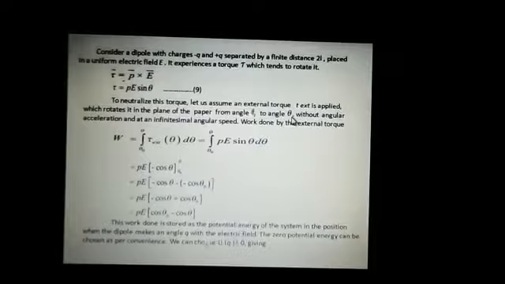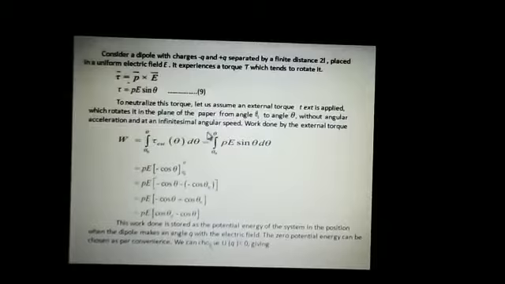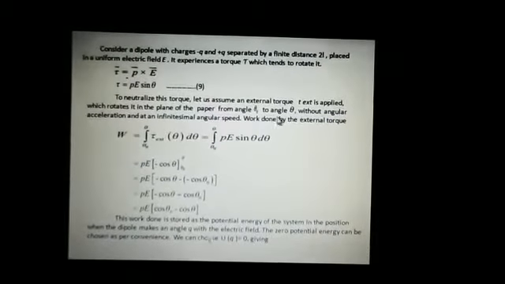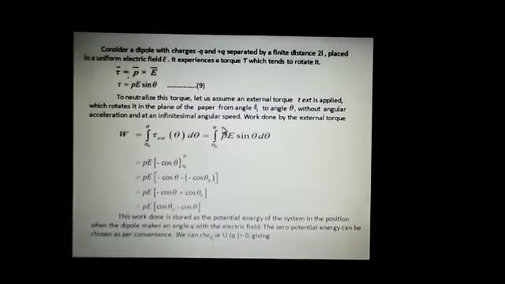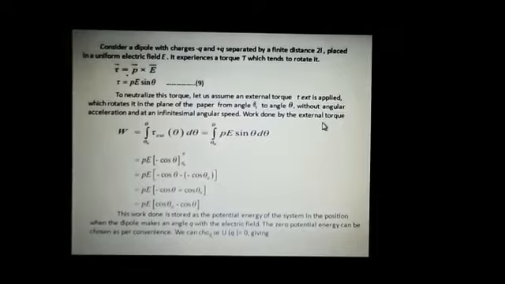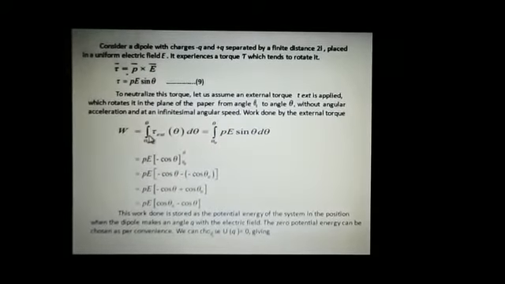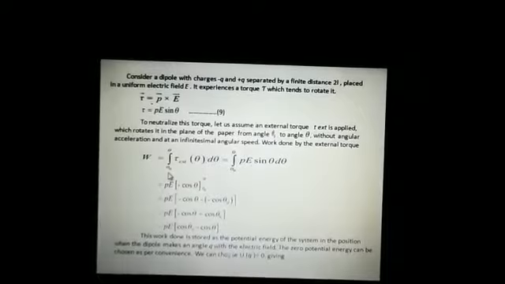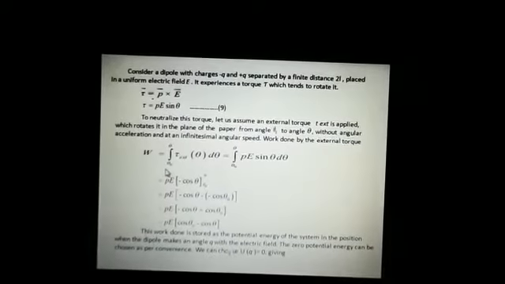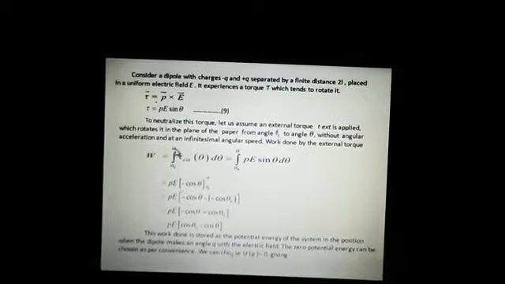To neutralize this torque, let's assume an external torque tau is applied, which rotates it in the plane of the paper by angle theta, with infinitesimal angular speed and without angular acceleration. The work done by the external torque, W, is equal to the integral of the external torque times d theta, where the limits are theta 0 to theta.